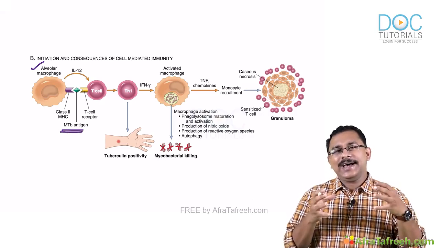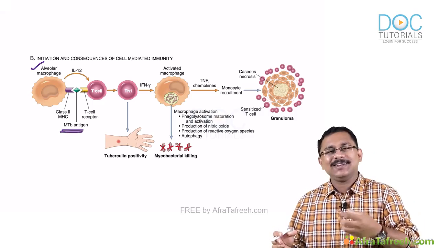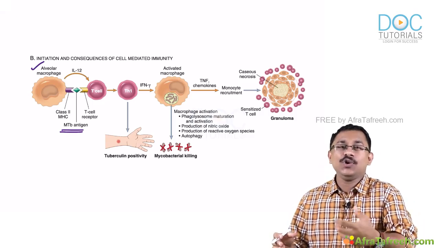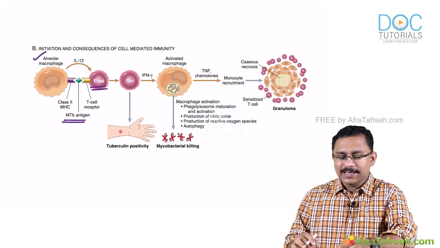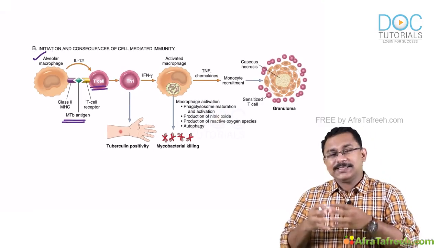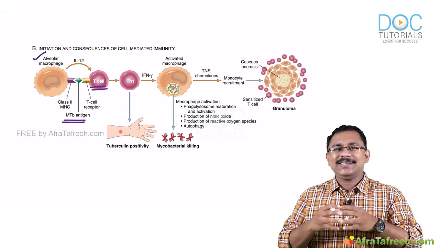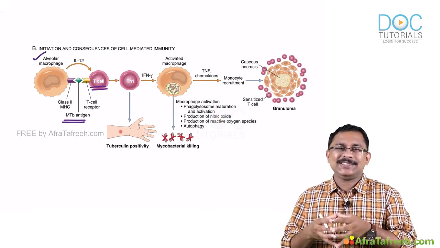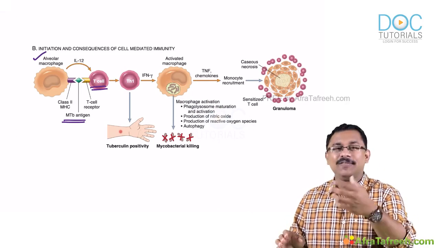So what these alveolar macrophages will do is first present this antigen to your T cells. You can see here you have the T cells, and your alveolar macrophage is presenting the antigen to the T cells. So when an antigen is presented to the T cells, what will naturally happen is the activation of T cells.